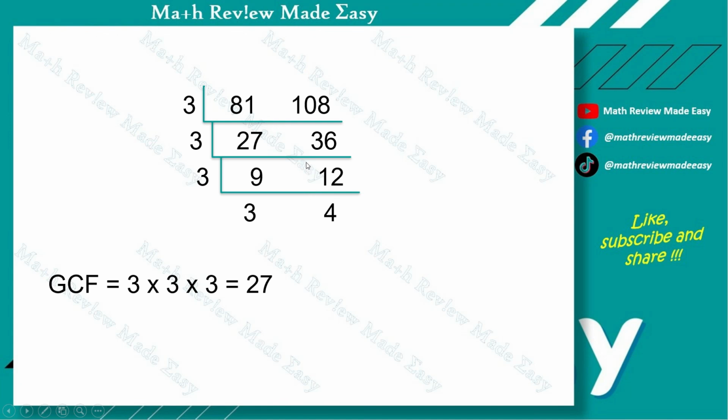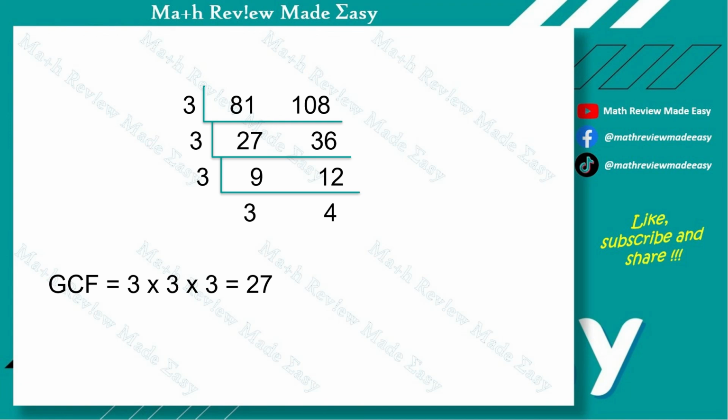So, 81. Ang pinakamababang number na pwede natin i-divide dyan will be 3. So, 81 divided by 3 is equal to 27. 108 divided by 3 is equal to 36. So, 27 and 36 have a common factor of 3. So, 27 divided by 3 is equal to 9. 36 divided by 3 is equal to 12.